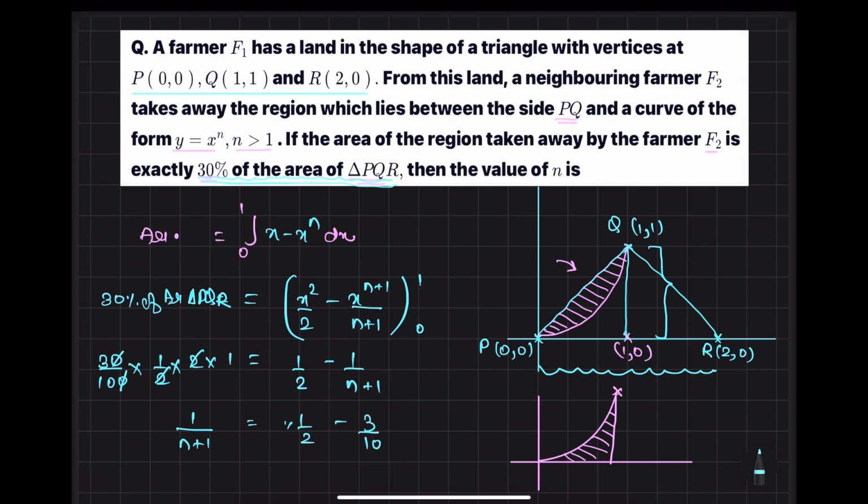So can I multiply and divide by 5 to make the base common? So it is 5 minus 3 by 10, so it is 2 by 10. So can I say that it is 1 by 5? So if you observe, n plus 1 is nothing but 5. Therefore, n equals 4.